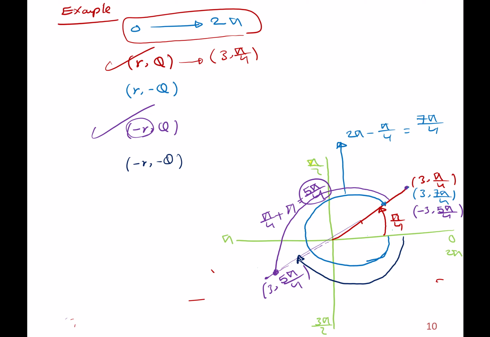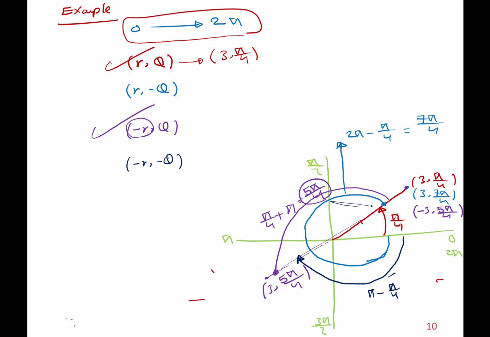This is our angle, which is negative, but r is positive here. So we will go to the opposite direction, and the r will be negative. This angle is pi minus pi over 4, because of symmetry.